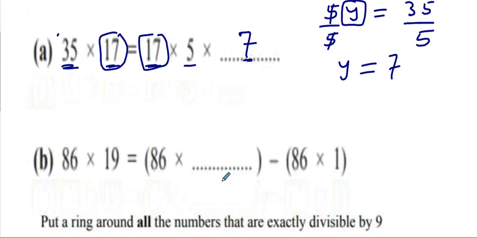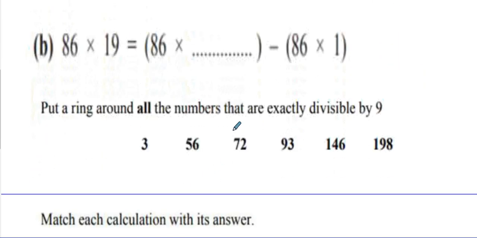How about this? 86 times 19 equals 86 times which number, then minus 86 times 1. 86 is common.